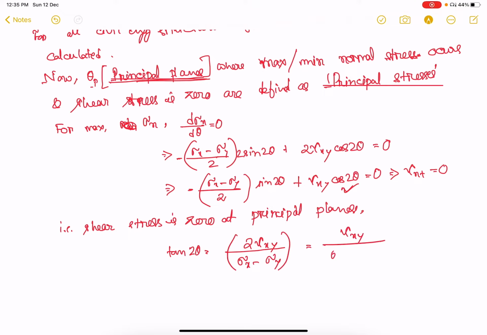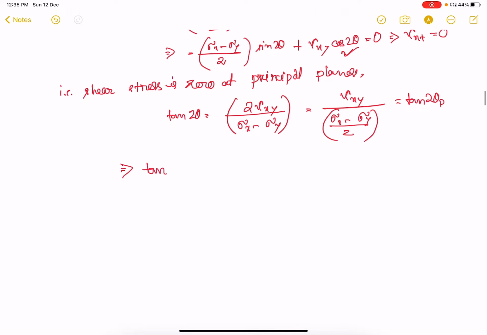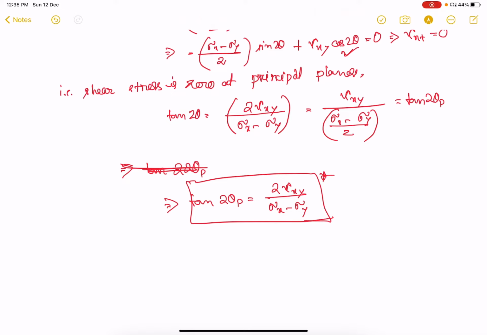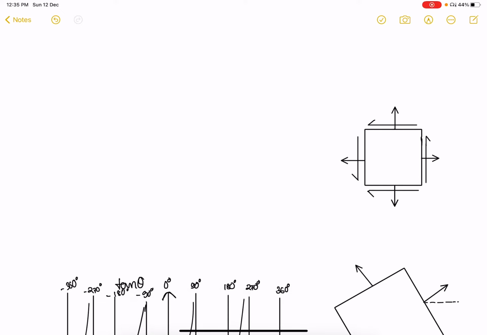This is tan 2θp, when θ is equal to the principal plane. This implies tan 2θp is nothing but 2 tau xy divided by (sigma x minus sigma y).